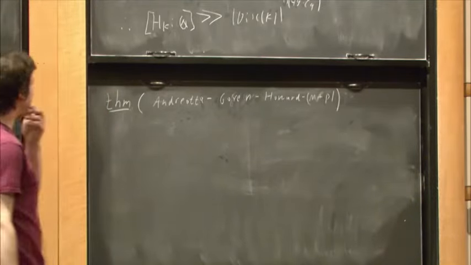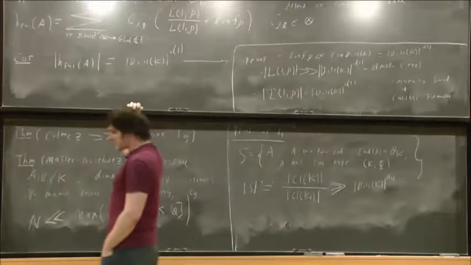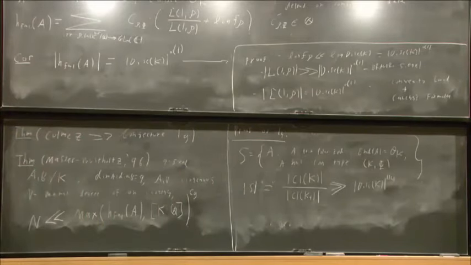All right, so these four gentlemen have this theorem in the case where you fix k, but you average over all CM types phi.